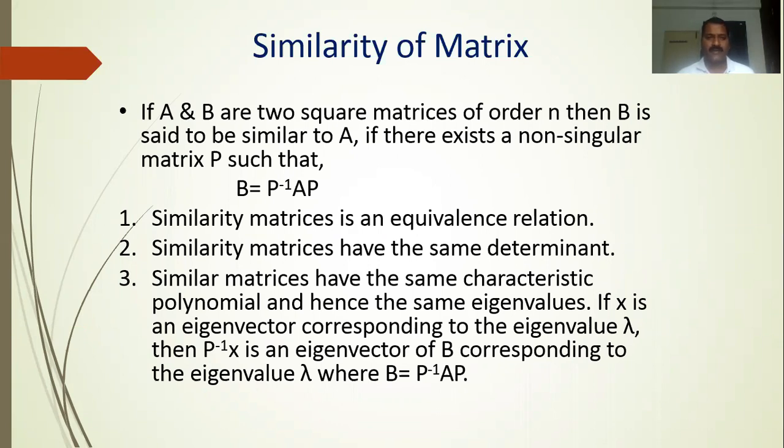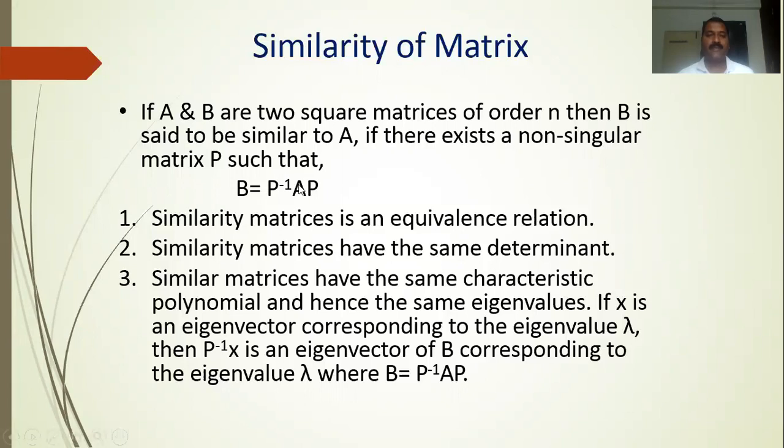Two square matrices A and B of order n are said to be similar matrices if there exists another matrix P, which should be non-singular, such that one can be expressed in terms of the other through that non-singular matrix P, such that B equals P inverse AP.